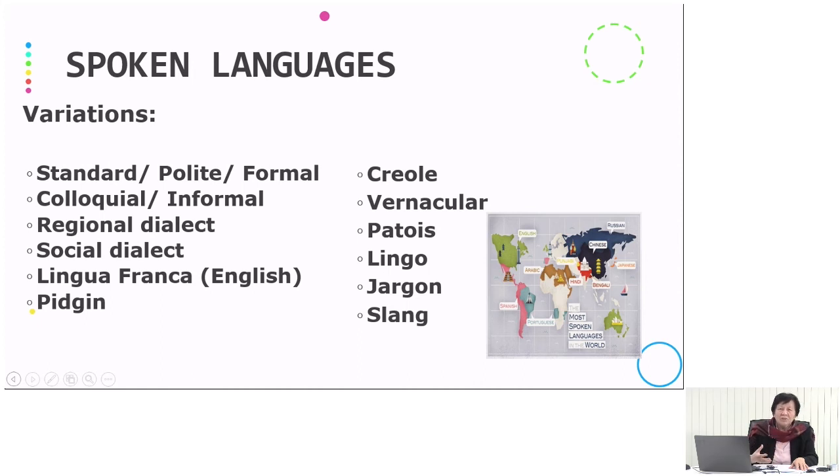But the way they create and produce the language is different from the native ones, but they try to adapt themselves. For example, the black people who speak English in the United States, their English is called Creole English.